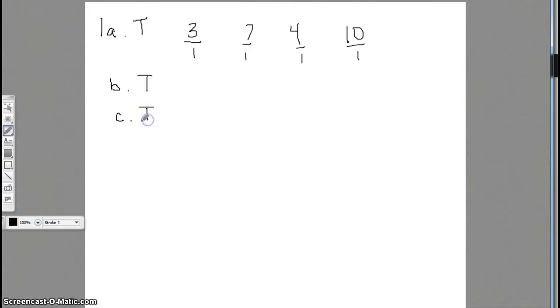As long as you are taking the even root of a positive number, there will be two answers. So even roots of positive numbers will always have 2 answers. Now, if it's an odd root, then an odd root of either a positive or a negative will only have 1 answer, but even roots of positive numbers have 2 answers.